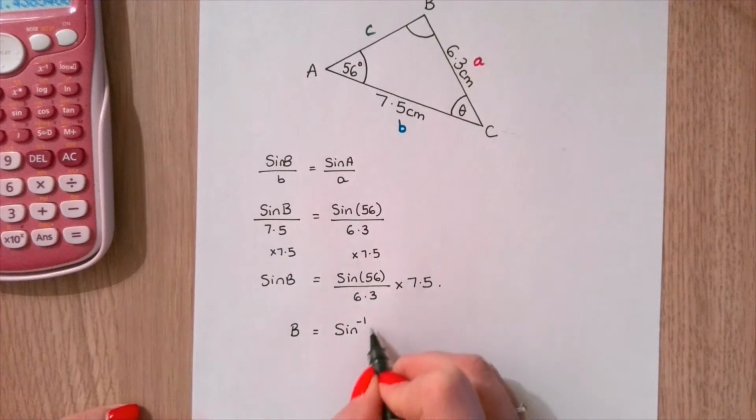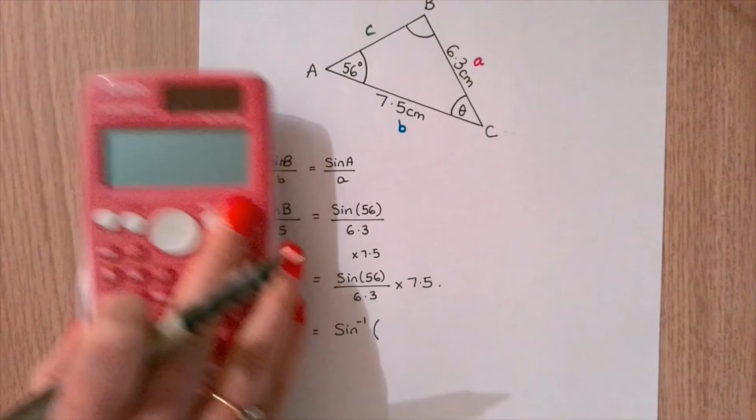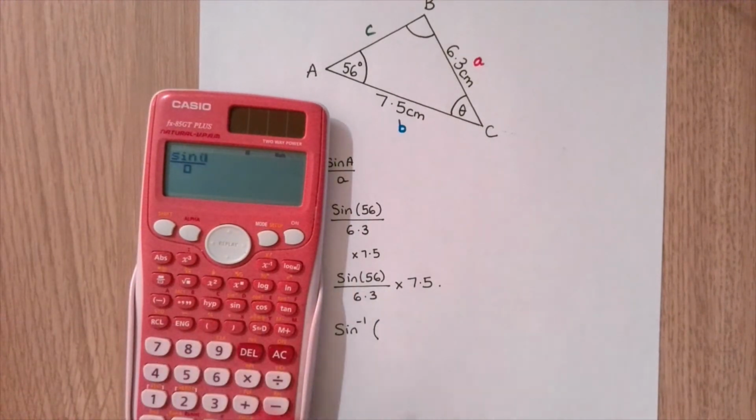Now what I'm going to do is type this into my calculator, so I get sine 56 over 6.3 multiplied by 7.5. That gets me that answer.